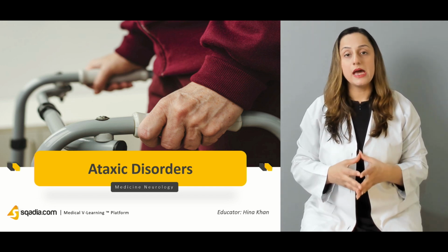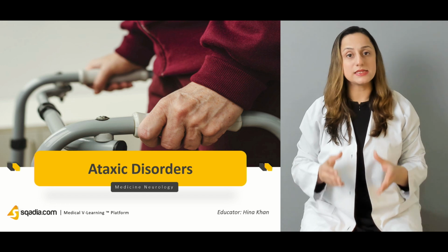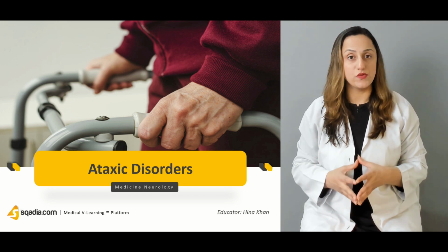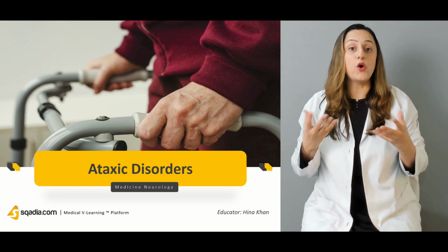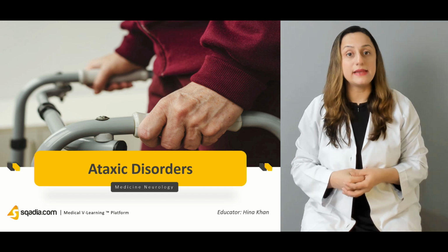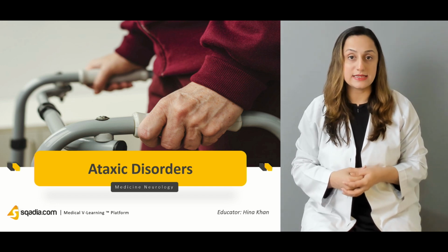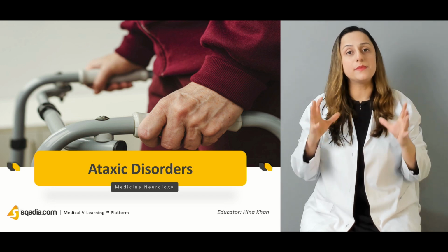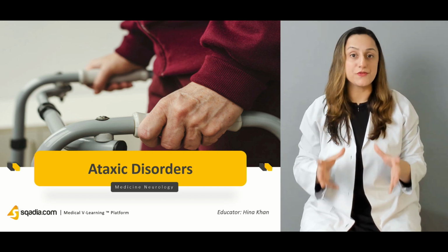Whatever it is, you're going to document that down. Your observation has to be very significant over here. Then the ocular movements are sometimes paralyzed in these patients of ataxia. All of this is going to give you a combined clinical picture of a patient who is suffering from an ataxic condition.